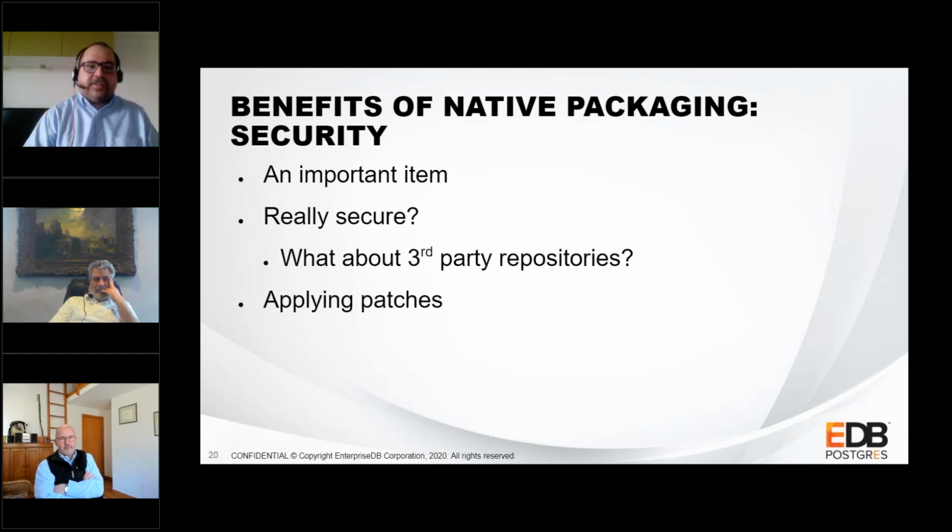First, the packagers or the repository managers must make sure that the repos are safe and locked down. So at EnterpriseDB and in the community RPMs as well, we make sure that the build machines are completely locked, and just the authorized people can access those machines.